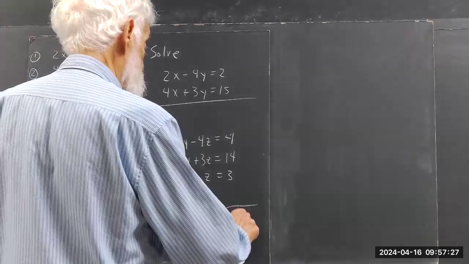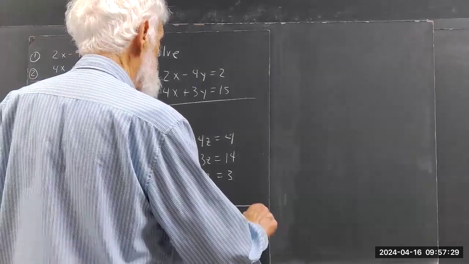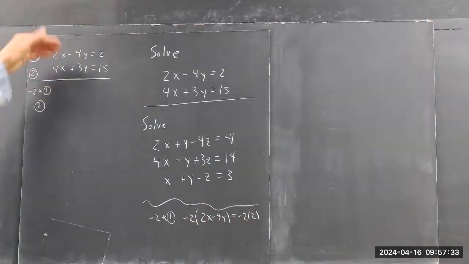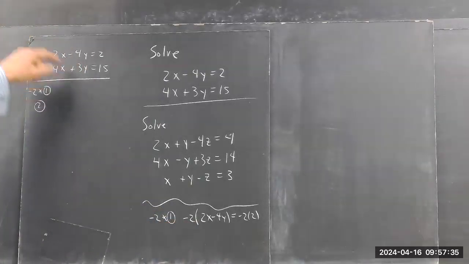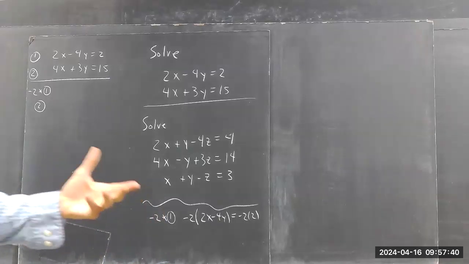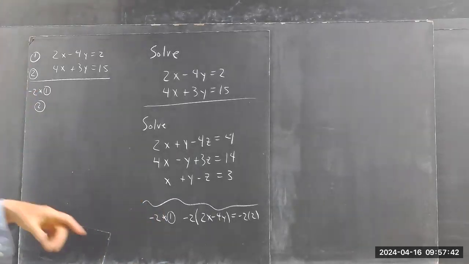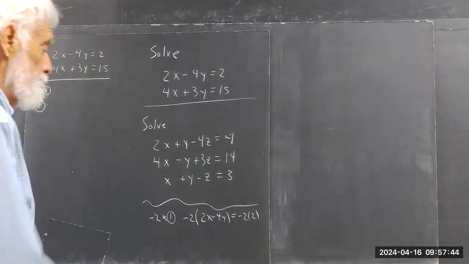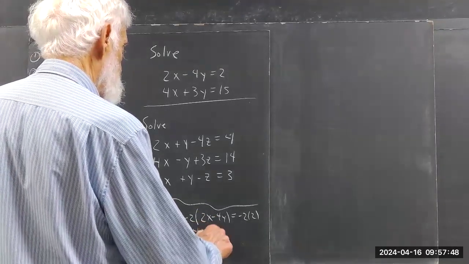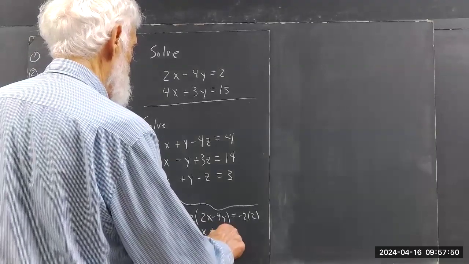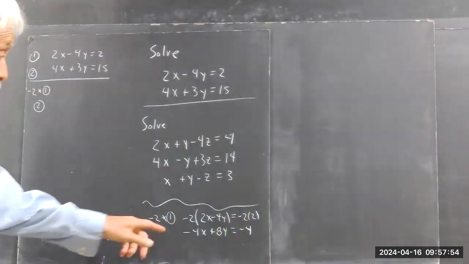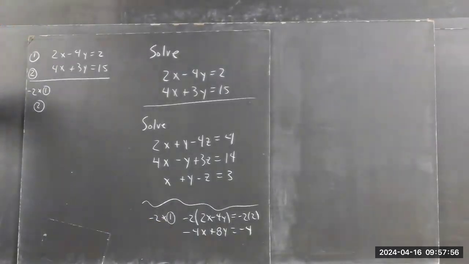So that's going to be -2 times 2. You want to write that off to the side someplace. Don't put your calculations into this scheme, or they get in the way and you lose track of what you're doing. So off to the side, you do this, and that's going to be -4x plus 8y equals -4. And that's what we get when we do -2 times equation 1.